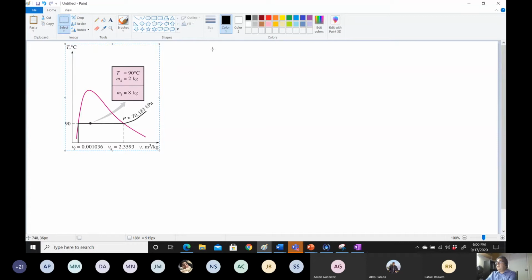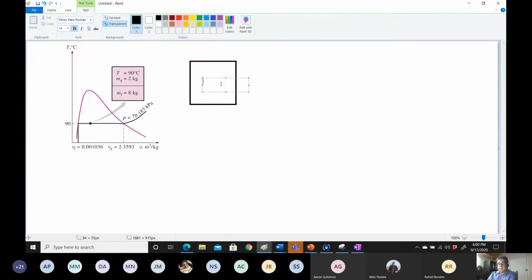Again, we have a tank, just like it's shown there, and there's 10 kilograms of water in this tank.